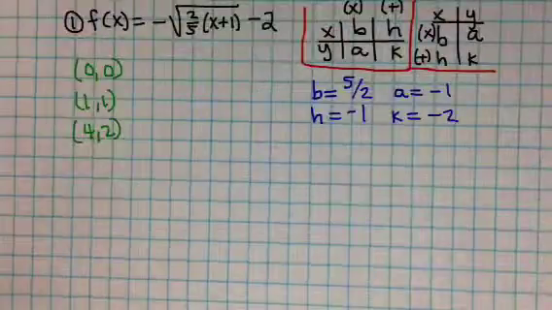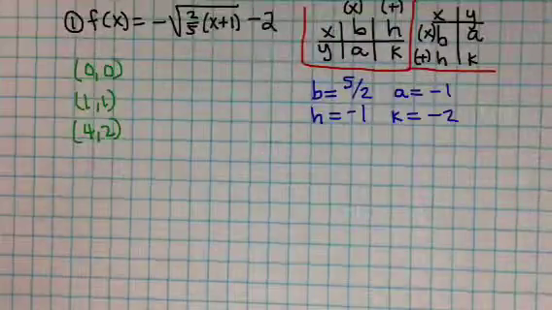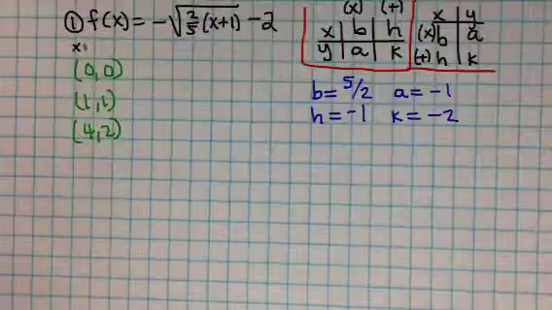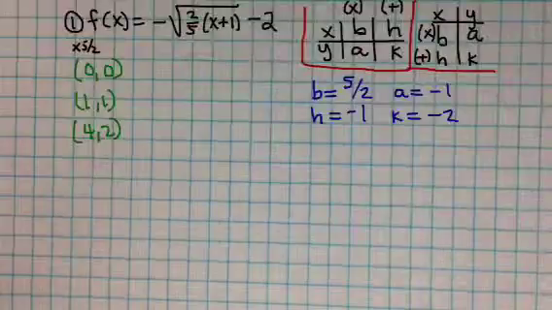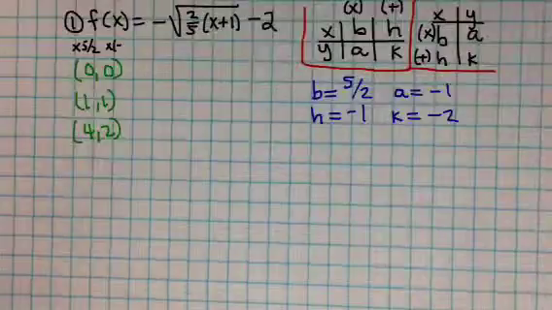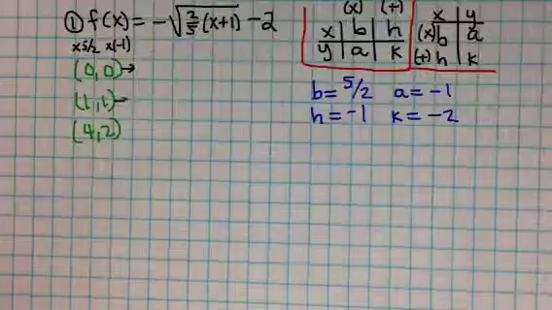So what does this tell me? That the x's are going to get multiplied by 5/2, so times 5/2, and the y's are going to get multiplied by -1. That's because B is 5/2 and A is -1. So these 3 points get transformed.